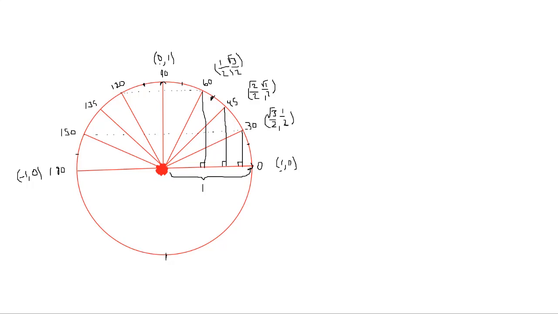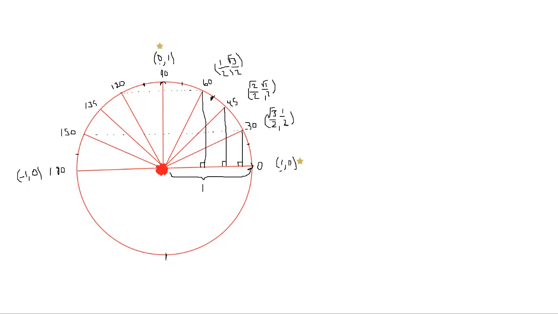Okay, so let's go back and look at this pattern again, because I really want you to see this. We start here at 1, 0. And again, we know that when we get to the top of the circle, x has gone from 1 to 0, right?